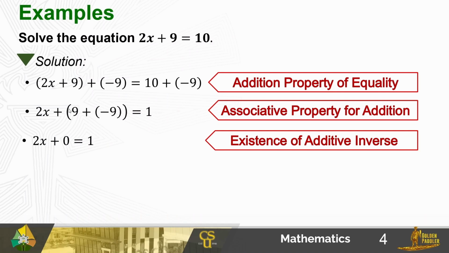Okay. Now, you have 2x plus 0 is equal to 1. Take note that 2x plus 0 is just equal to 2x. So, you get 2x is equal to 1. Again, let us determine what field property or axiom of equality we used to get 2x is equal to 1.